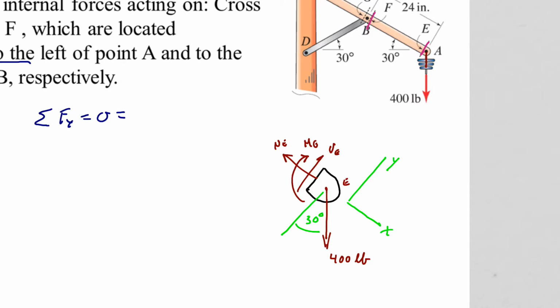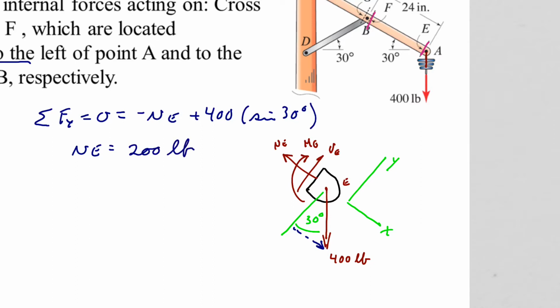I have a minus N sub E. I have a plus 400 pounds times the sine of 30 degrees, and that's all I have, because this component here is the sine of that. That gives me N sub E is equal to 200 pounds. And notice that it came out positive, and in this case that really does mean tension for us.